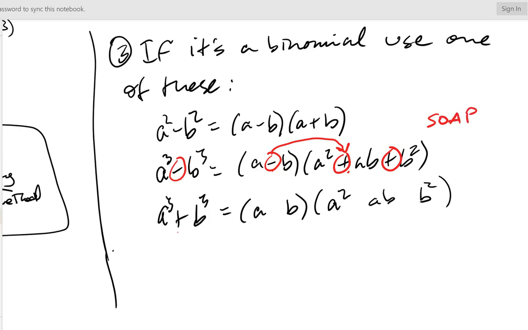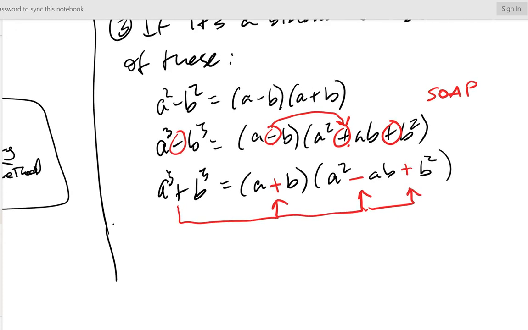So since I have a plus here, it's going to be the same, and then it's going to be the opposite, and then this one is going to be always positive. So if you can memorize the AB, it looks just like a cubed plus b cubed, AB, and then a squared, AB, and b squared.